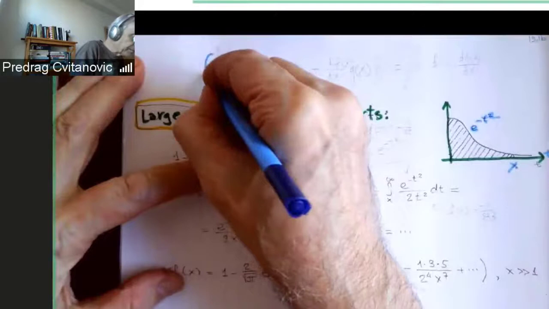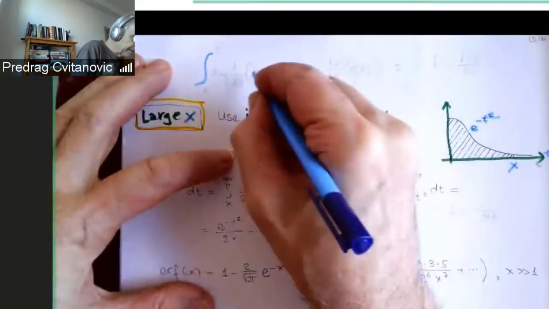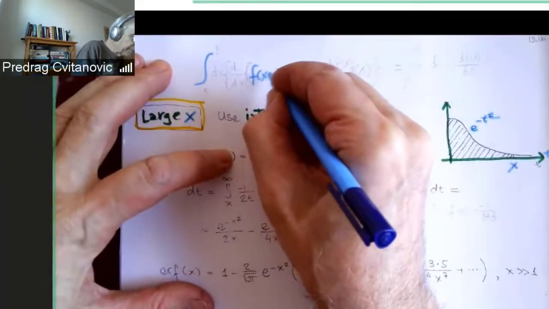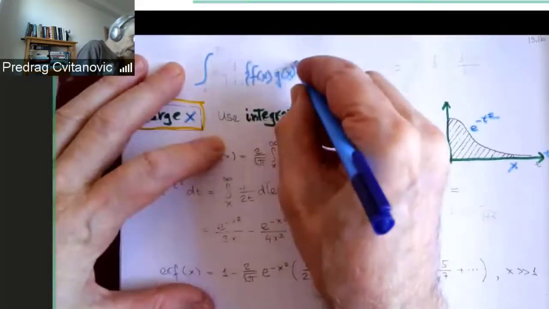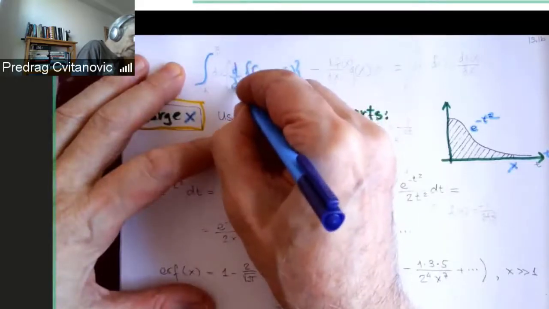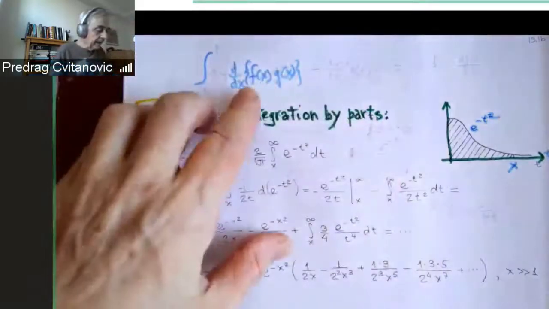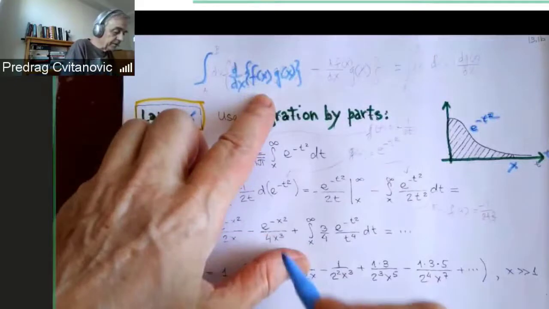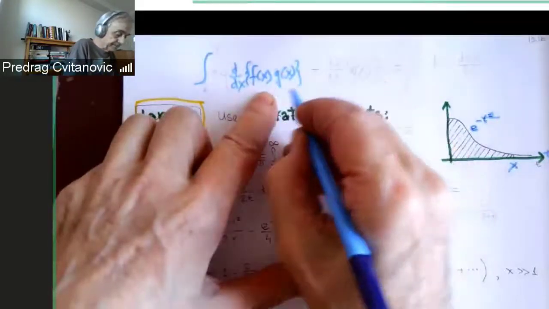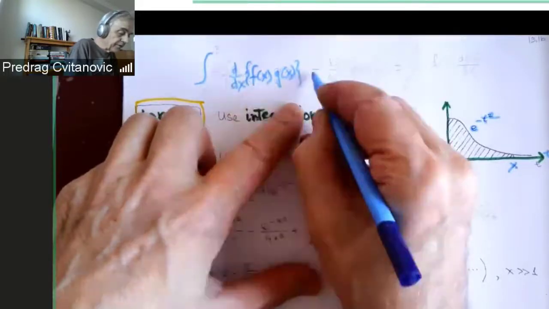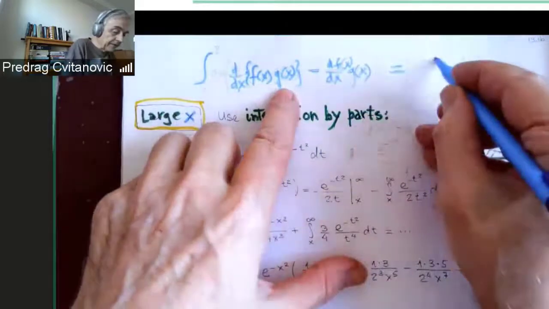So what's integration by parts? Let's take a product of two functions. Take its derivative. Then when I act on the first term, I get the derivative of the first term. So let's subtract that. I act on the second term.